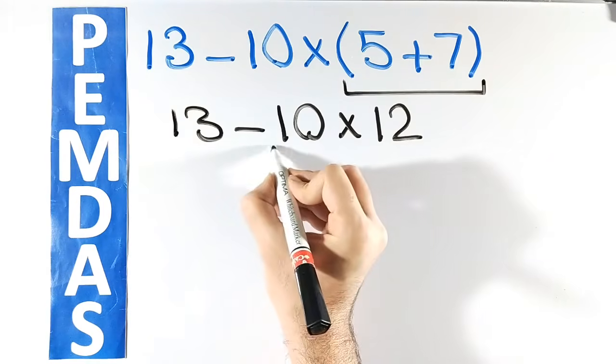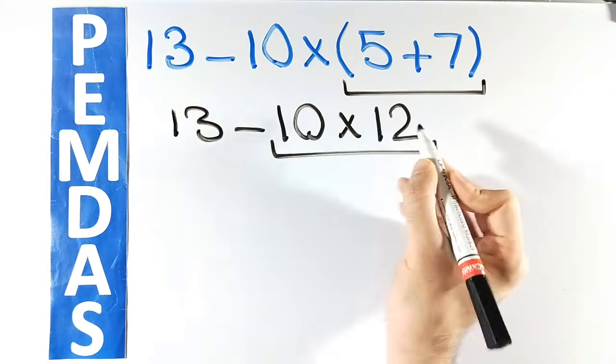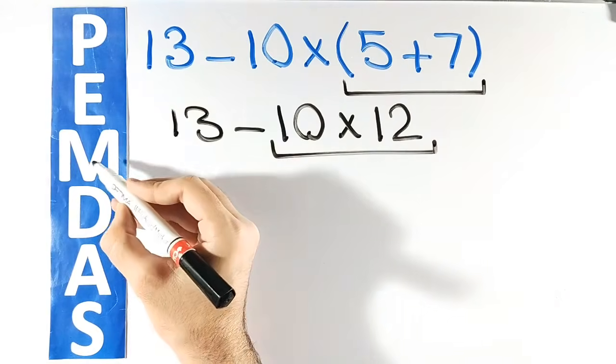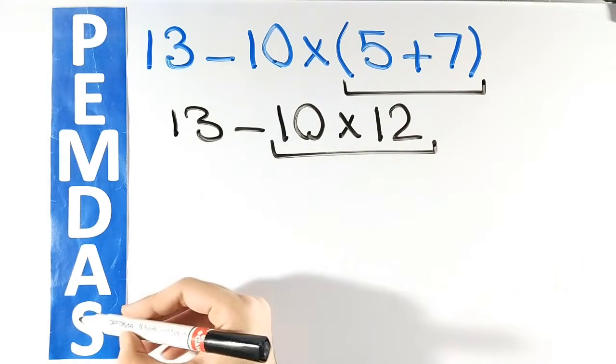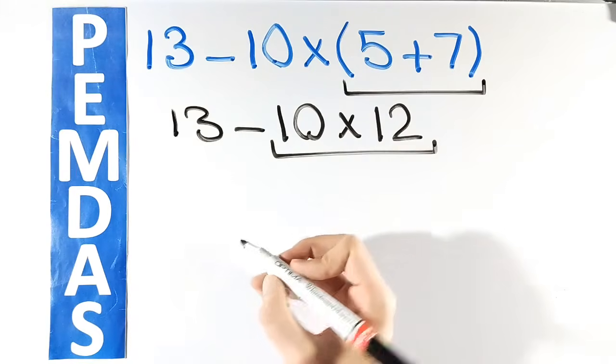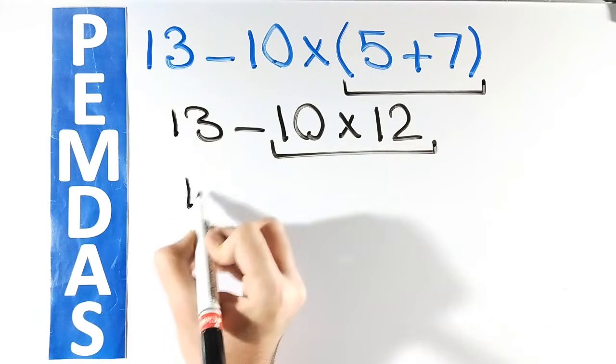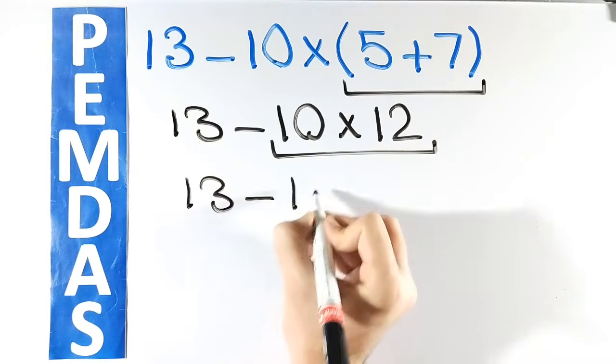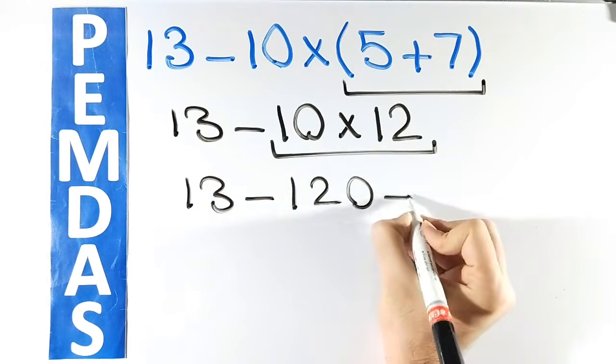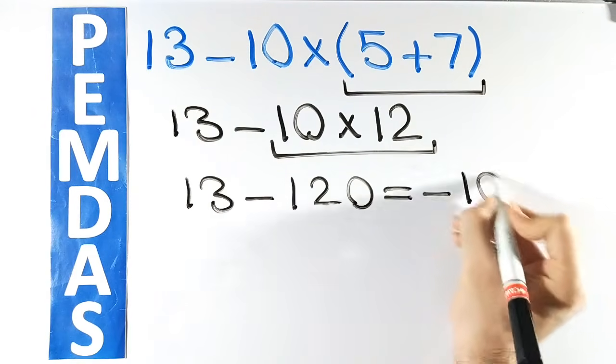In the next step, we go for the multiplication between 10 and 12 because multiplication has a higher priority than subtraction. So, we rewrite this expression as 13 minus 120, which finally gives us the answer, negative 107.